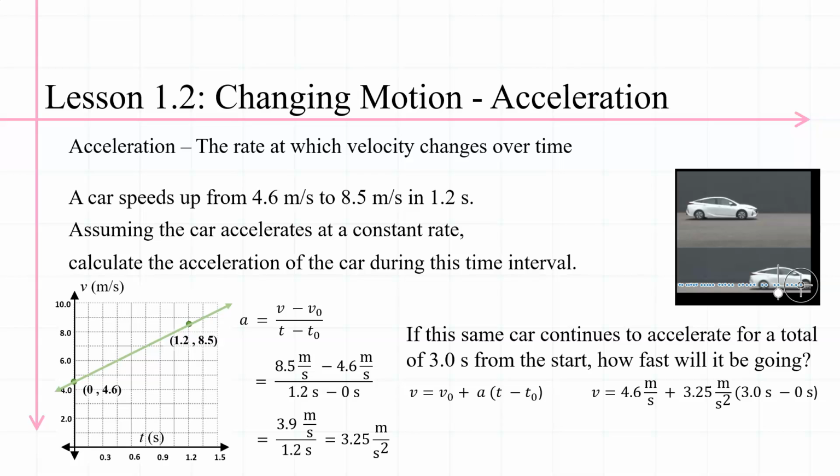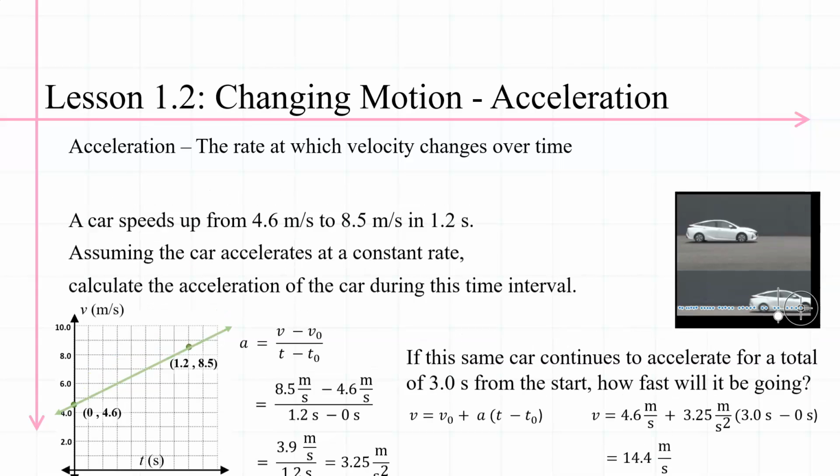And I'm just going to plug in all of my values. My original velocity is still 4.6. That's what I started at. Now I know my acceleration is 3.25 meters per second squared, and 3 seconds is my time interval. I'm going to calculate this out and find that I will be moving at 14.4 meters per second after 3 seconds if my constant acceleration continues at the same rate.